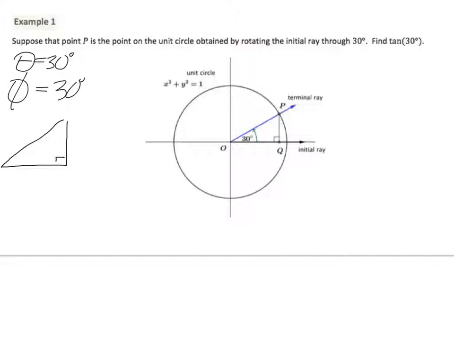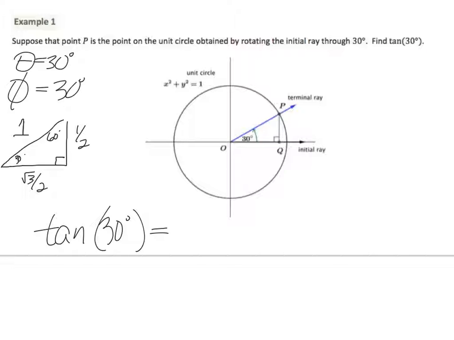And if we remember the diagrams we were looking at in previous lessons, 30, 60, this is 1, square root of 3 over 2, and 1/2. So if we have tangent 30, opposite over adjacent, which is sine over cosine, or y over x.